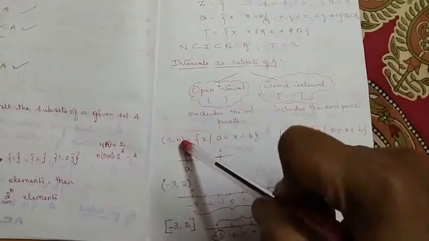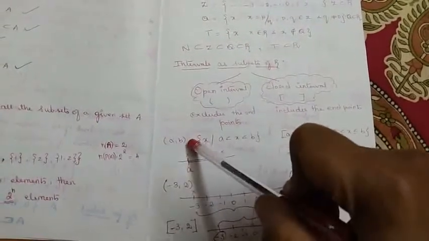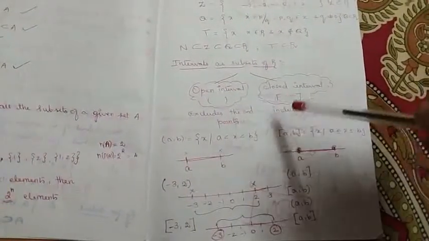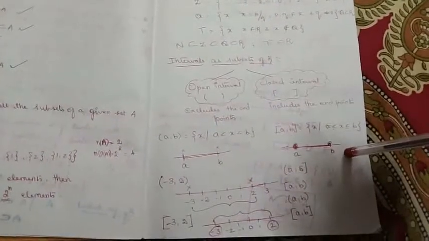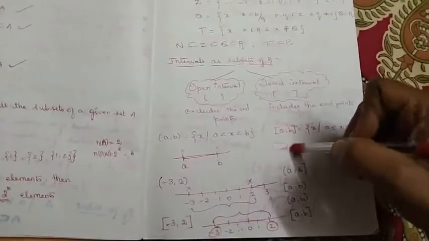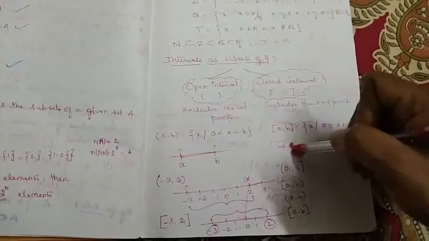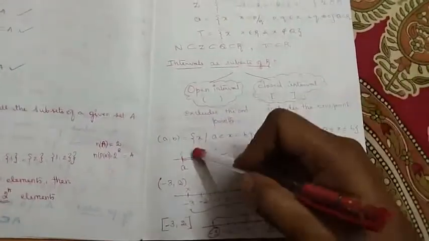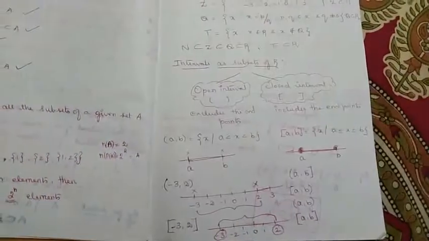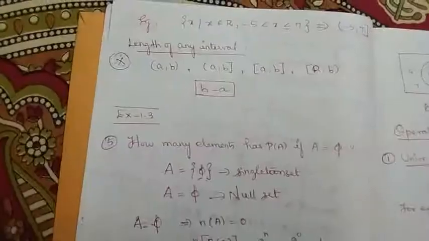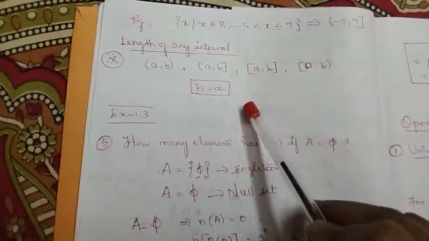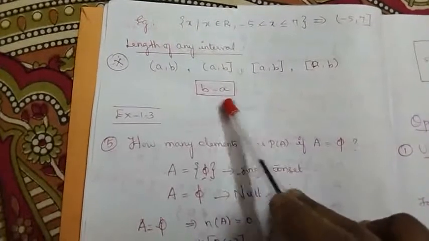When we talk about the open interval, the endpoints are not included. When we talk about the closed interval, the endpoints are also included. So normally we will denote it by a dark circle for the closed interval and an open circle for the open interval. Then the length of any interval can be found by using b minus a, the upper limit minus the lower limit of the interval.